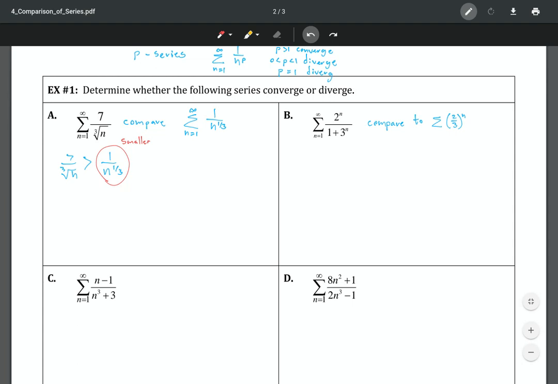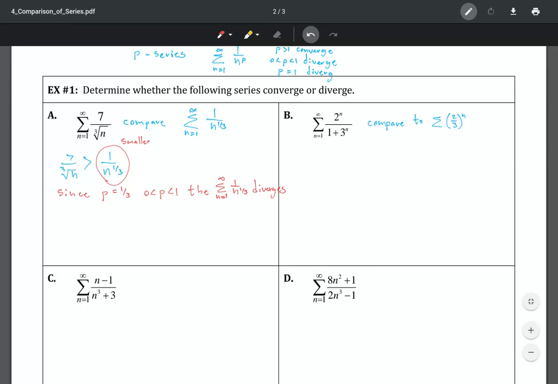So what that means to you is that we're going to say on here, since p is equal to 1/3, and 1/3 is between 0 and 1, then this right here diverges.